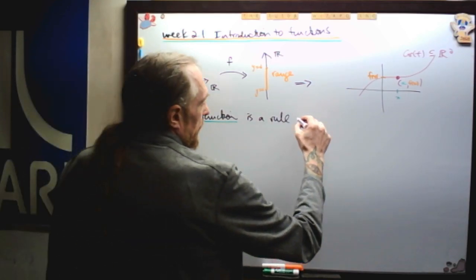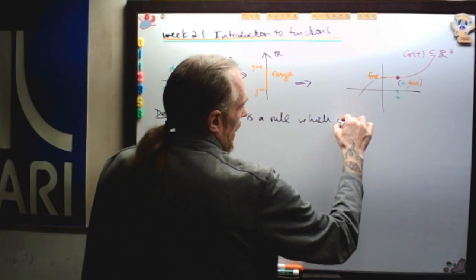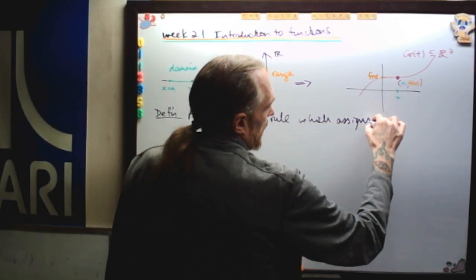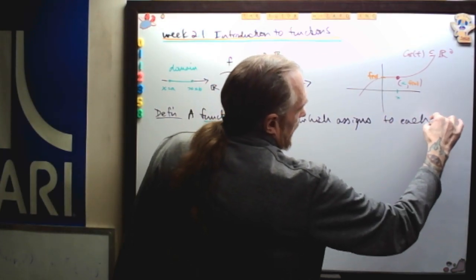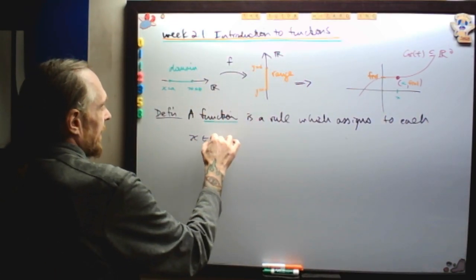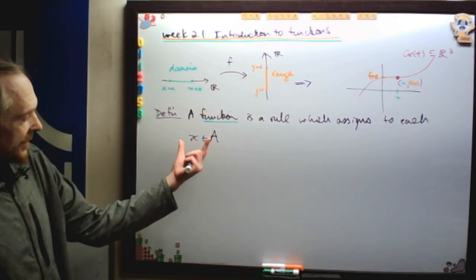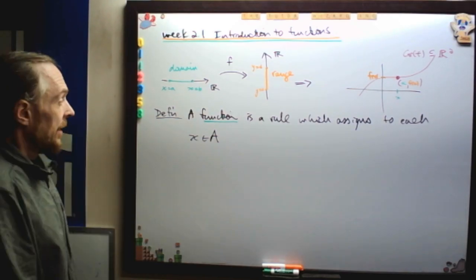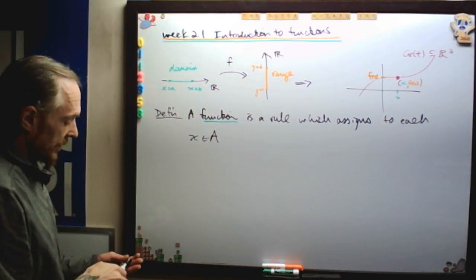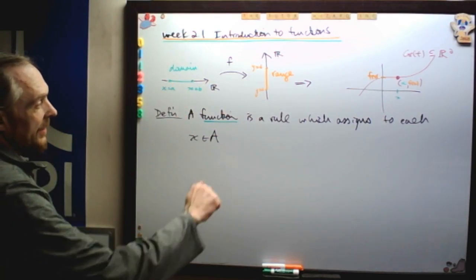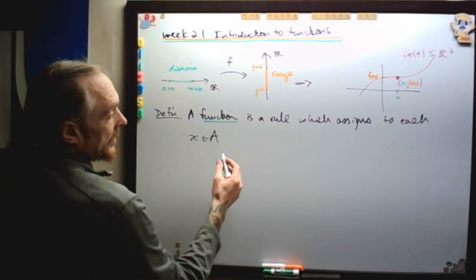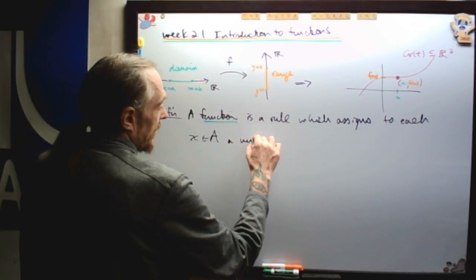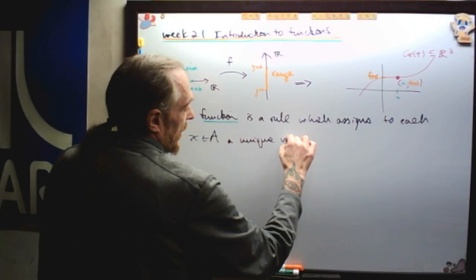A function is a rule which assigns to each x in a set A. This is our notation from last time. This will be our domain A. It defines a unique value.